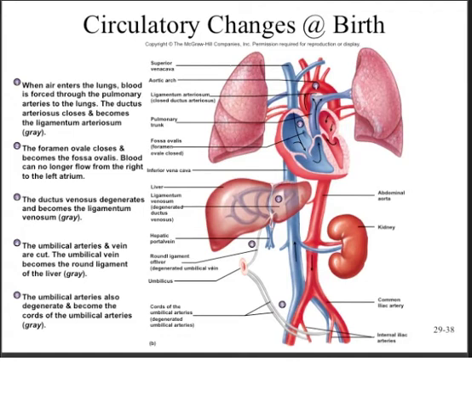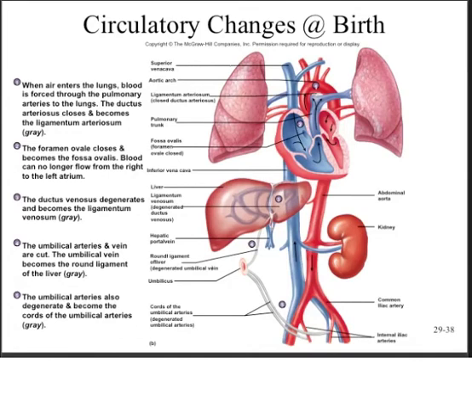and the umbilical arteries and veins, once they're cut, will become the round ligament of the liver, and you can pick that up down here, the round ligament, and you can also see here the ligamentum venosum, the remnant of the ductus venosus.